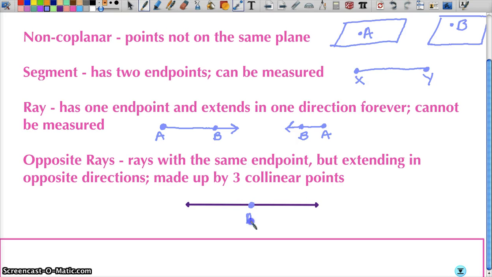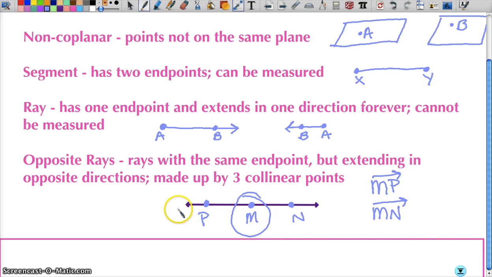So let's say this is M and this is N, and let's say this is P. Then we have 2 rays here. We can have ray MP, and then we have ray MN. So those 2 rays share this endpoint right here, but they go in opposite directions. MN points to the right and MP points to the left, and they're on the same line.